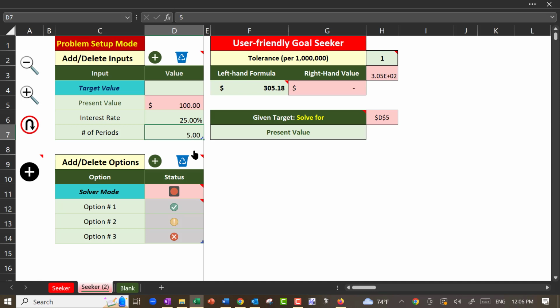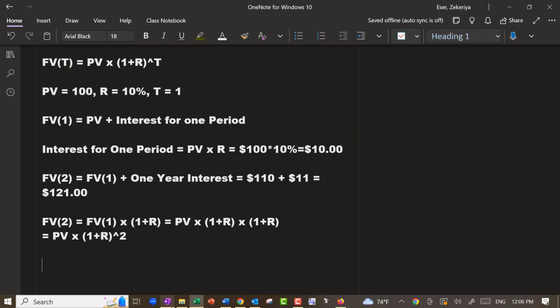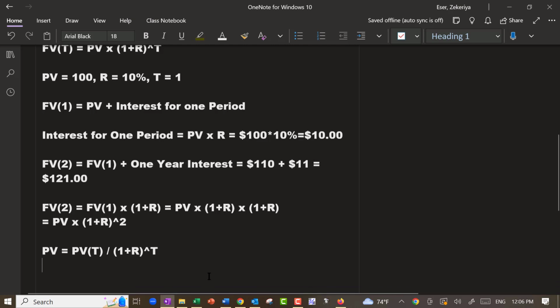PV equals FV_T divided by 1 plus R raised to the power T. In the simple case, it's not complicated. But it's beside the point. Right now, I'm teaching you, if you set up the problem, you don't even have to know that, okay?